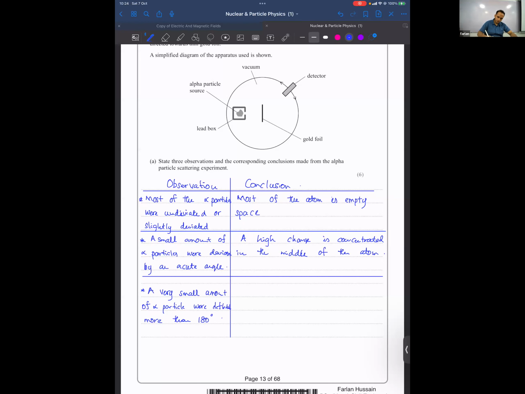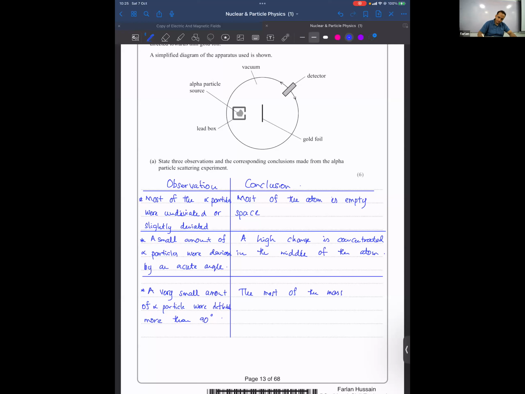So the conclusion: the mass, or most of the mass... So how are the particles deflected more than 180 degrees? Wait, sorry, more than 90 degrees, what did I write?